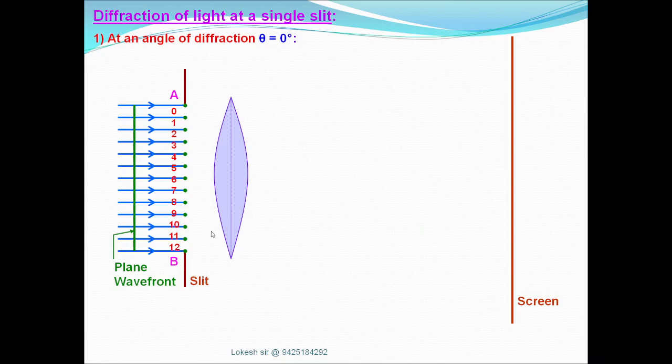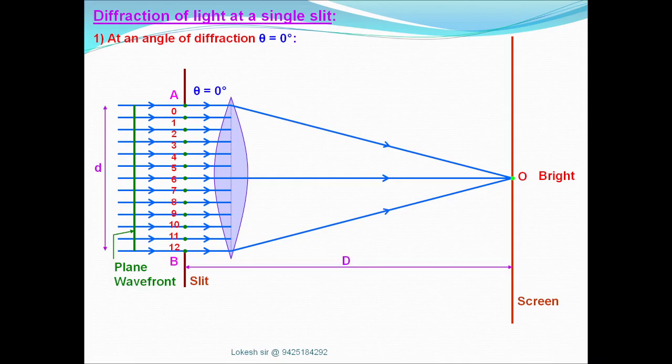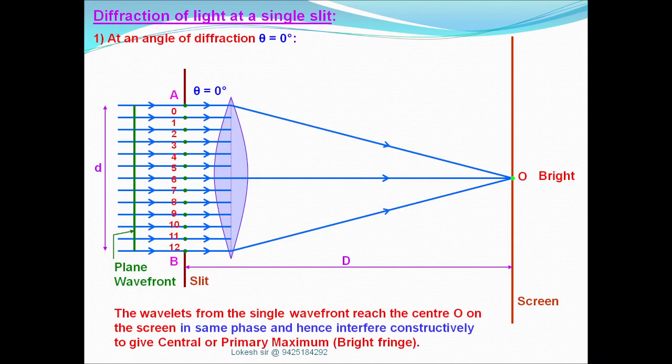Now this is your lens, the focusing lens. Now if the rays are incident, then what will happen? Same path difference. The two waves, the 0 one with the 12th one, will suffer the same path difference, or you can say zero path difference, and you will have a bright image at the center. Yes or no?